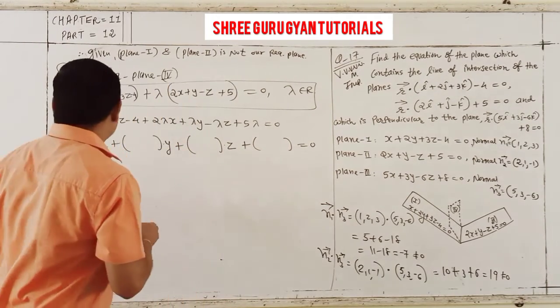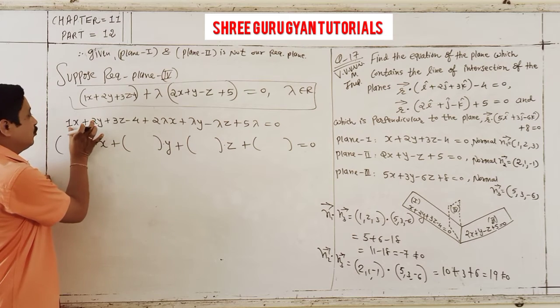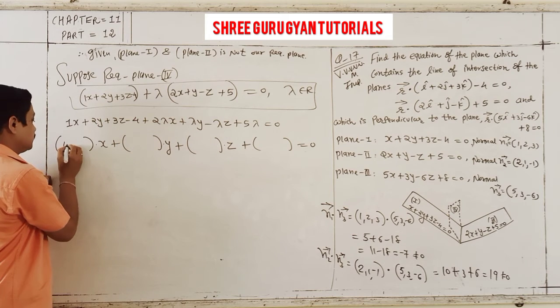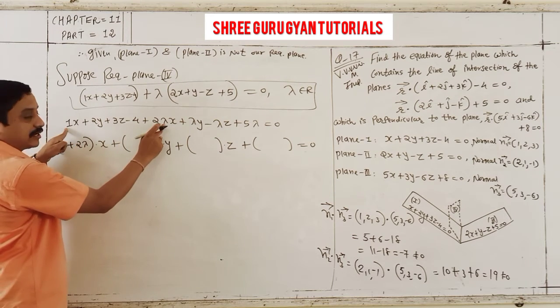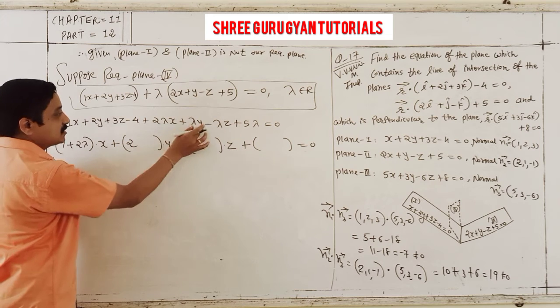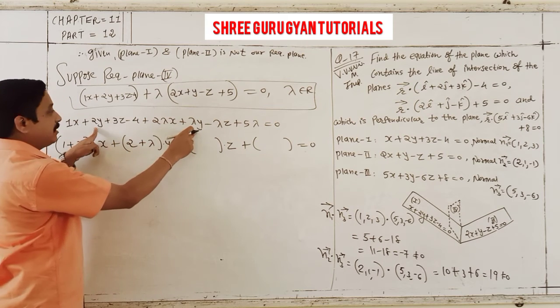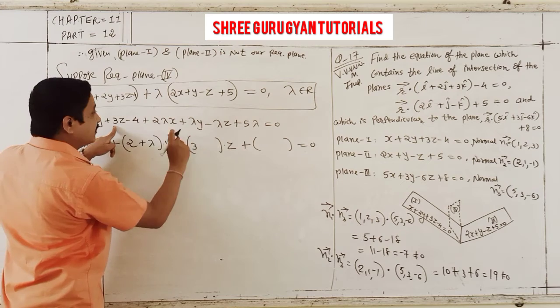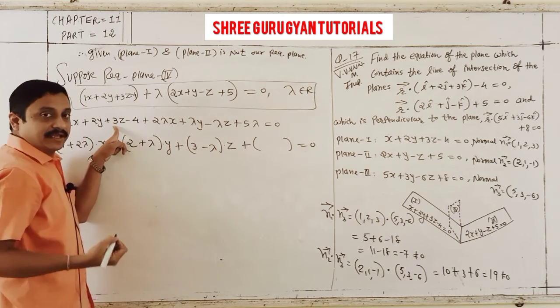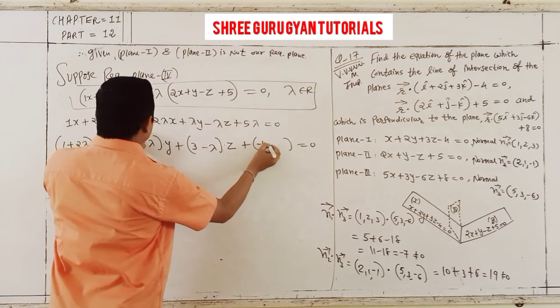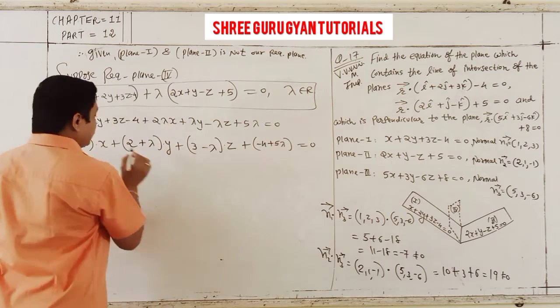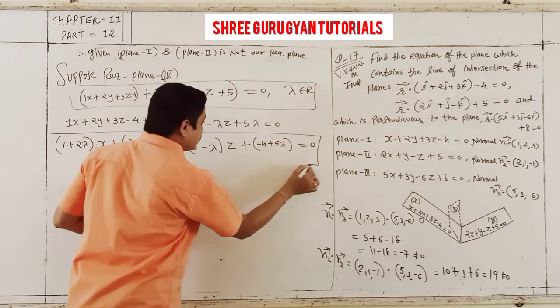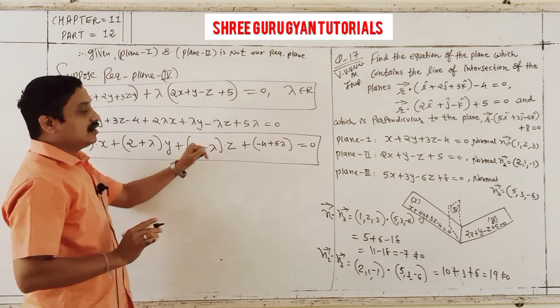So in the way of your Lx, My and Nz, x and 2 lambda x, so 1 plus 2 lambda, that are covered. Similarly 2 plus lambda for y, and for z 3 minus lambda, and the constant minus 4 plus 5 lambda, that you create the final equation of our plane 4.